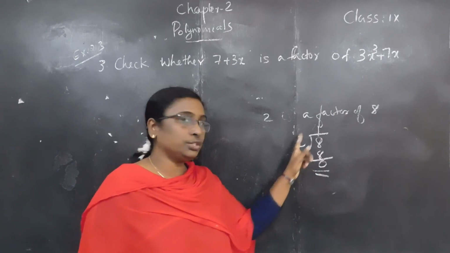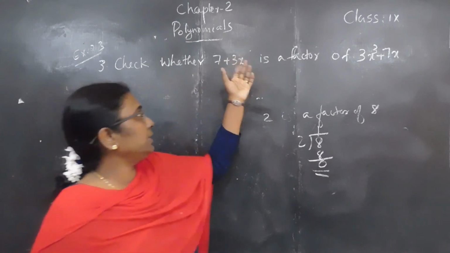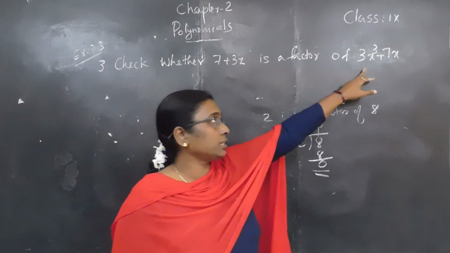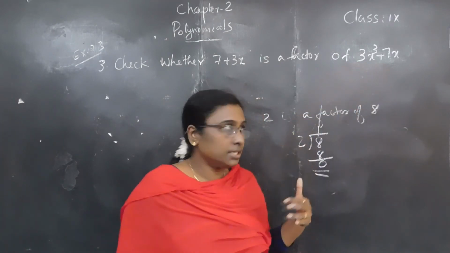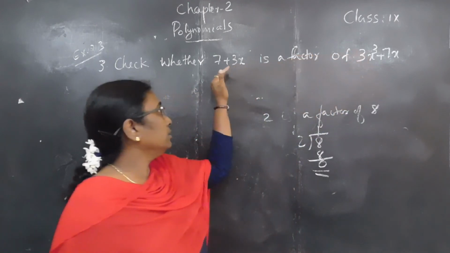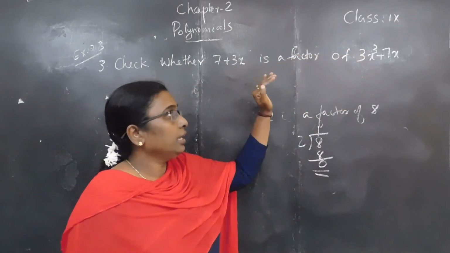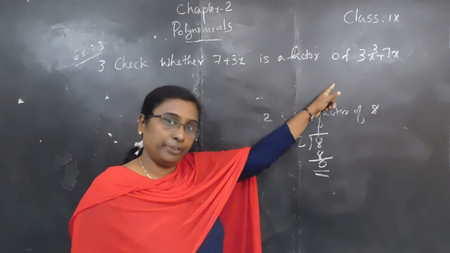Therefore, we can say that 2 is a factor of 8. Similarly, we have to check whether 7 plus 3x is a factor of 3x cube plus 7x. How can we find this? We divide 3x cube plus 7x by 7 plus 3x. If the remainder is 0, we can say that 7 plus 3x is a factor.